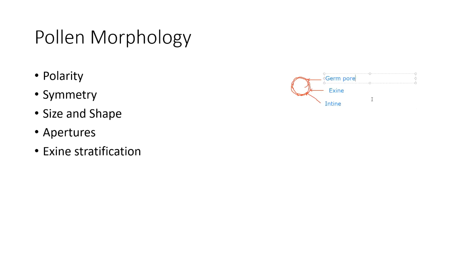Okay. The outer wall of pollen or spores is referred to as the spore wall or sporoderm. And this sporoderm usually is made up of a pectinous substance called pollenin.